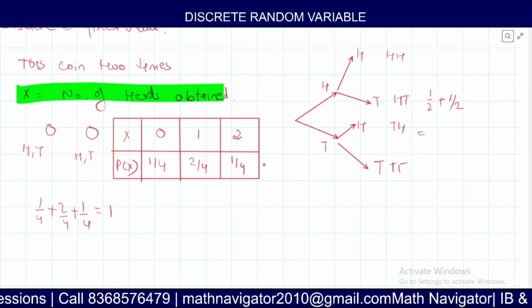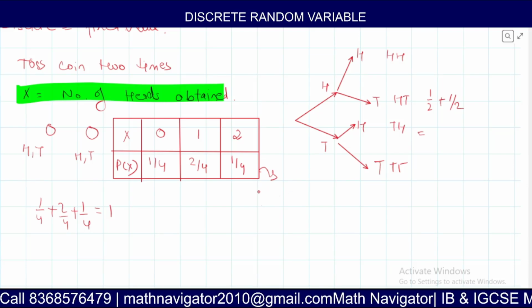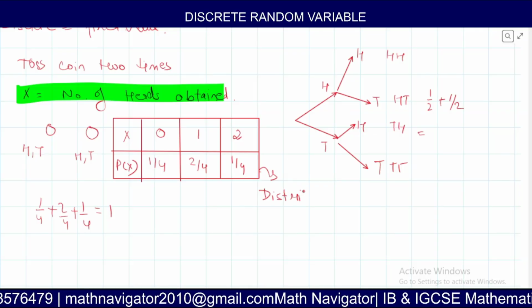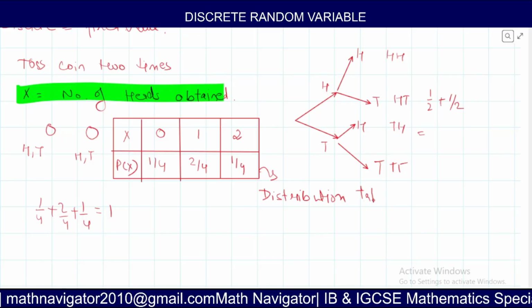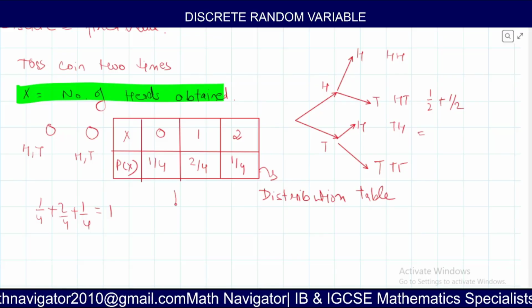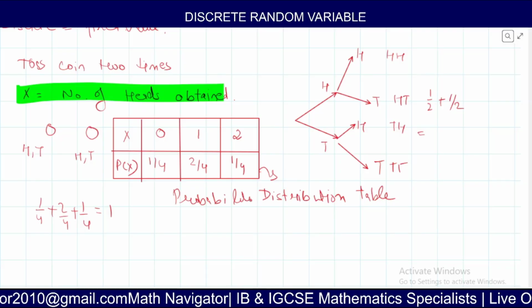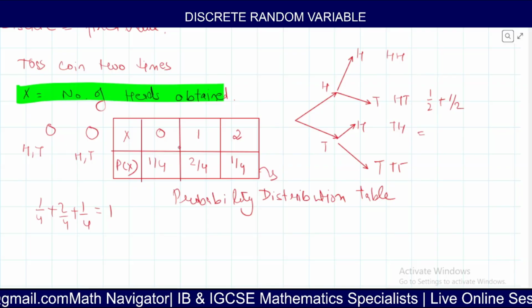So this table is called distribution table, or you can call it probability distribution. Clear? So how will you find the mode?